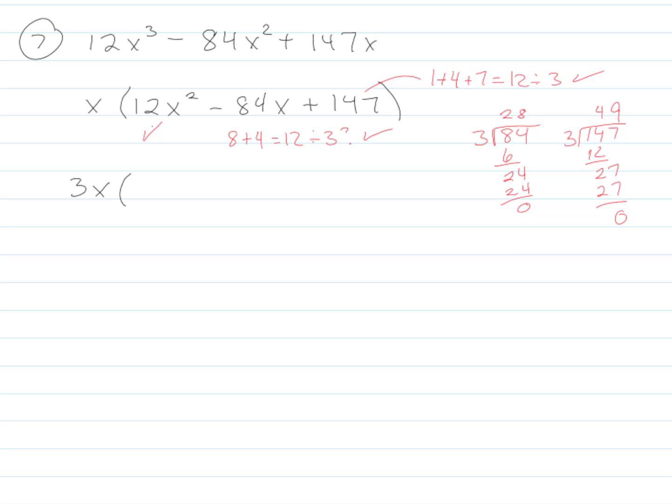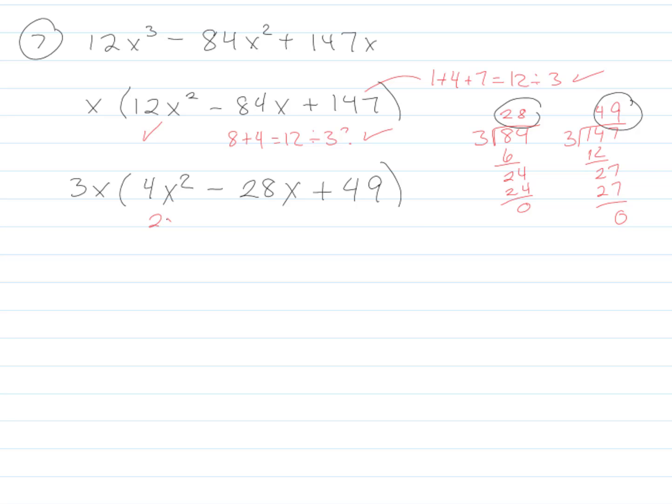So I can pull a 3 out of all these now. I've got 3x, and 12 divided by 3 is 4. 84 divided by 3, I've already found, is 28. And then 147 is going to be 49, like that. Now, this is not necessarily an easy one to see. It's just something that happens over time.